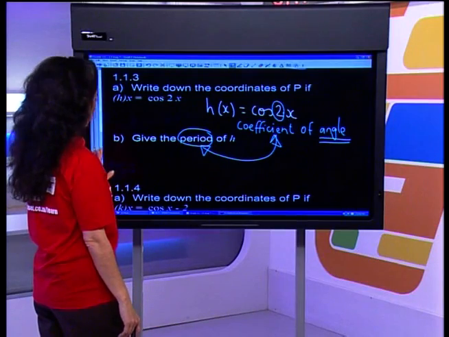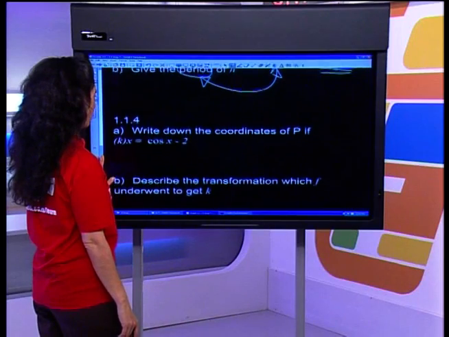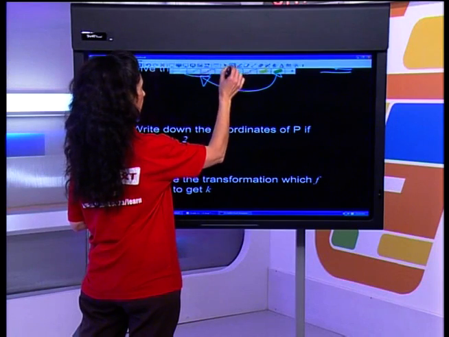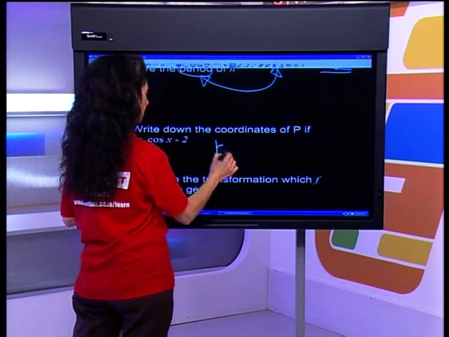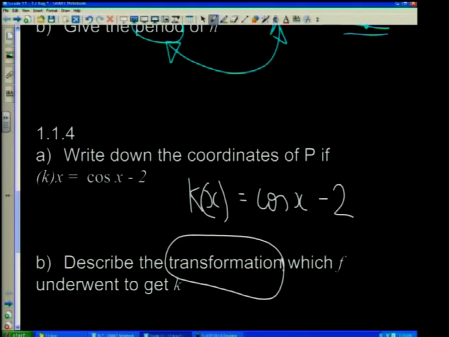And finally, we would like to look at what happens if we have this new function k of x, and k of x is the function where we have cos x minus 2. And we'd like to know what is the transformation that takes place in order to get this new graph.